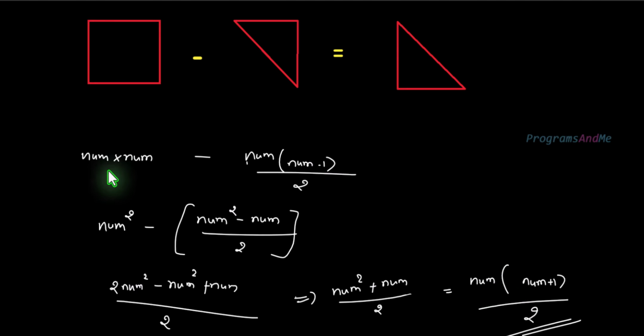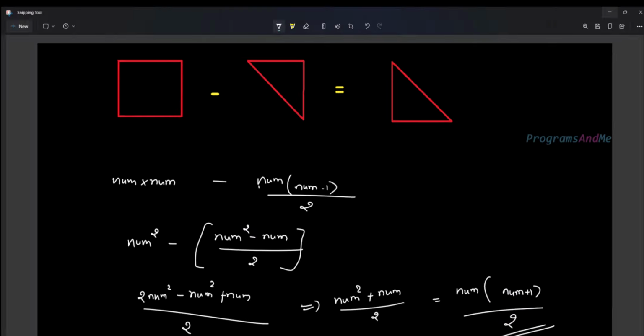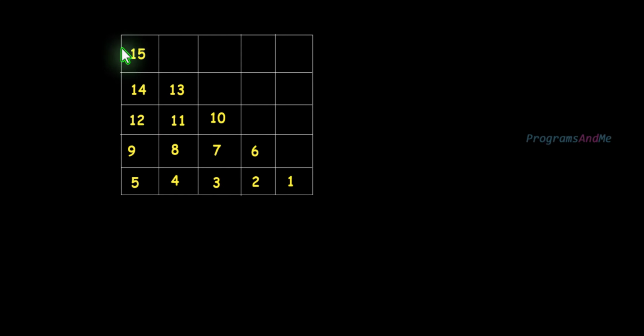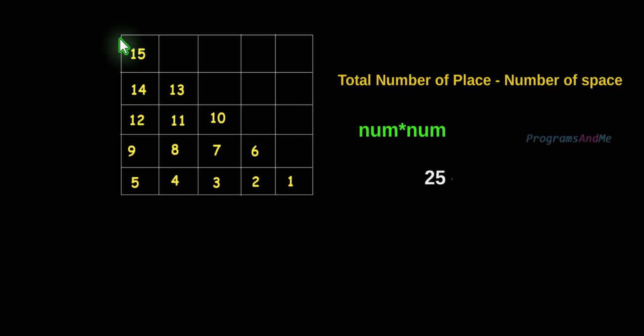What I'm doing here is, first we'll find how many places are there in the square number pattern. Then I'll minus the number of spaces we want in that square pattern. Then we'll solve that formula. Then we'll get the first number in the triangle shape pattern. That is, here first I'll find how many places are there to print numbers. So total 25.